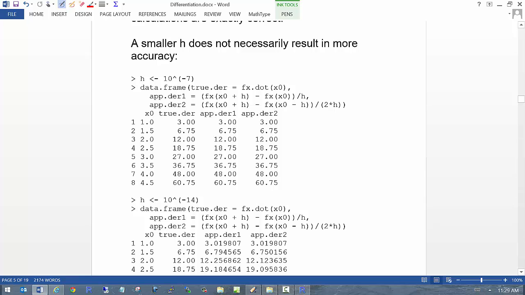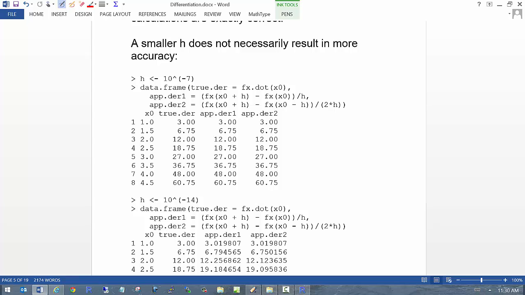So you might be thinking, okay, well, this h has to be a number that's small, close to 0. How about we just make it as small as we can, and by doing that, your numerical derivative is going to be more accurate?